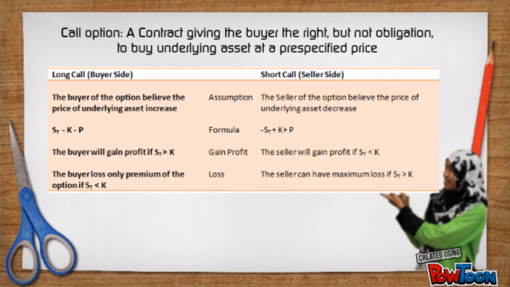The buyer will gain profit if ST is more than K for long call, while the seller will gain profit if ST is less than K. The buyer only loses the premium if ST is less than K, while the seller can have maximum loss if ST is more than K.